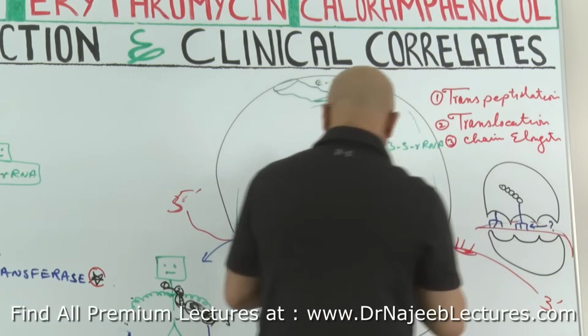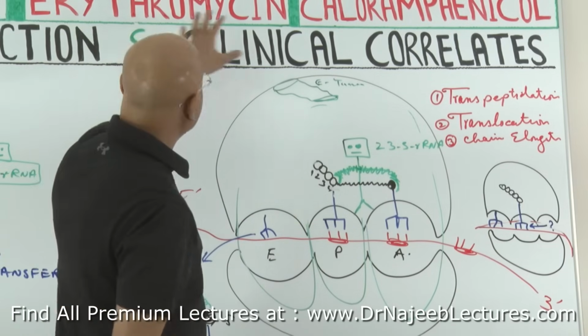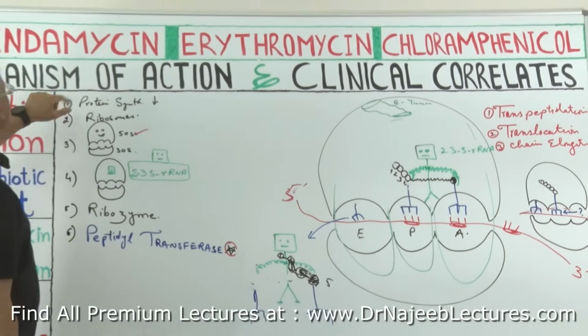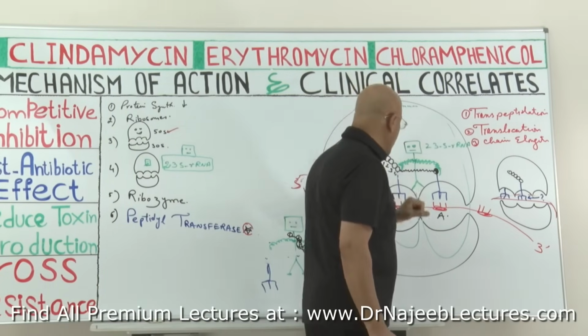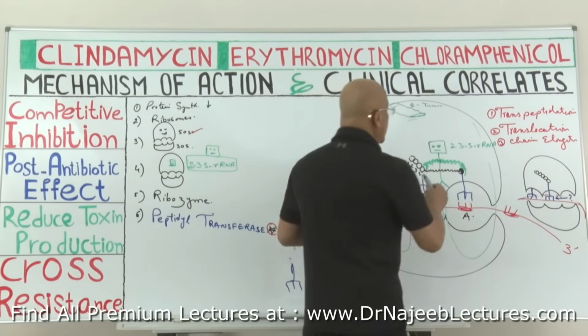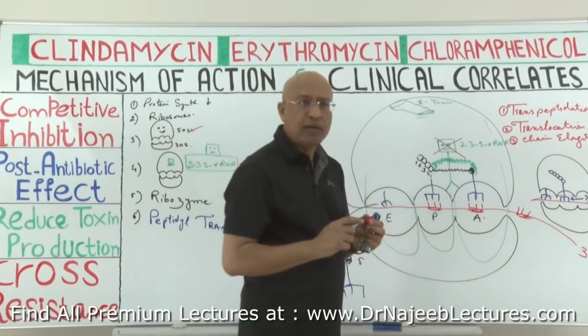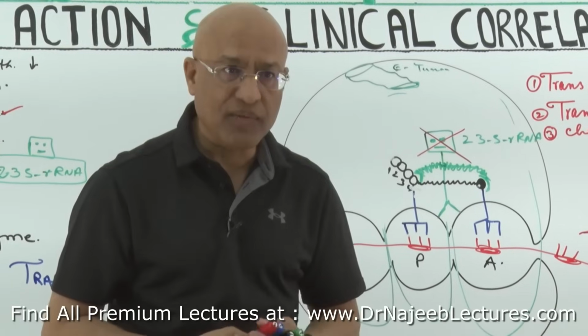Now listen, what really happens? All three of these drugs, up to now the things are common. All three of these drugs, clindamycin, all macrolides and chloramphenicol, all of them basically produce dysfunction in peptidyl transferase activity and translocation activity.